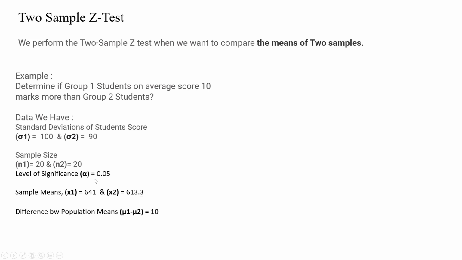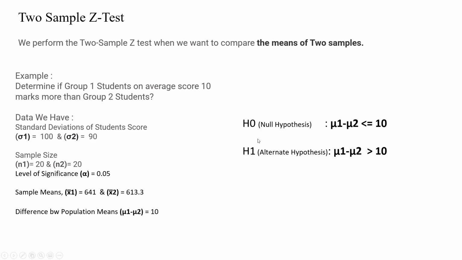Our statement says that the difference between mean 1 and mean 2 should be at least 10. So based on that, we will construct the null hypothesis. We want to prove that the difference is greater than 10. So the null hypothesis will be less than or equal to 10, and the alternate hypothesis will be greater than 10.